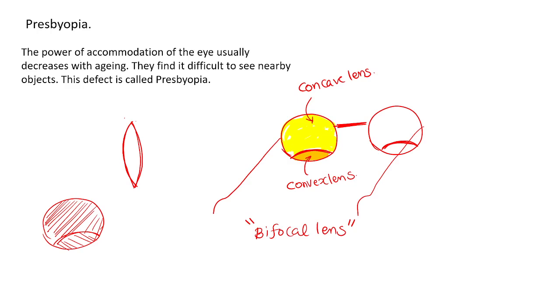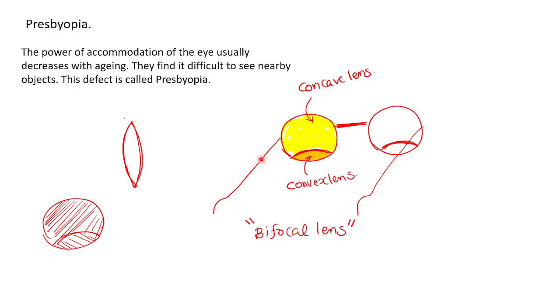Bifocal means two focus. A concave lens has one focal length, a convex lens has another focal length. That is why we call it a bifocal lens. Bifocal lens is the corrective measure for those persons who are having presbyopia.